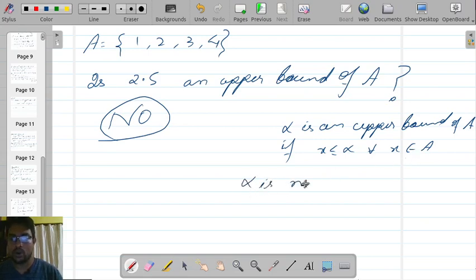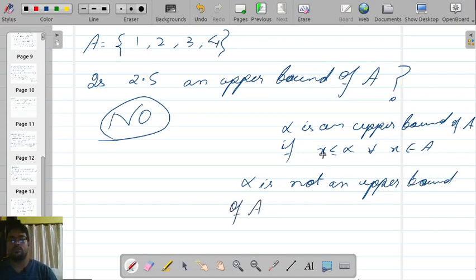So under what condition is alpha not an upper bound of A? It means that there is at least one element which is greater than alpha. It's just ordinary plain English language.